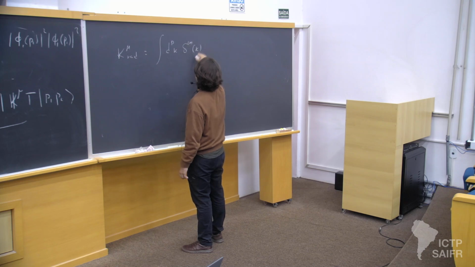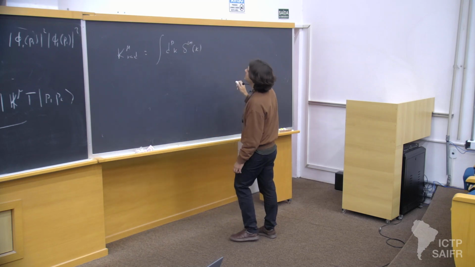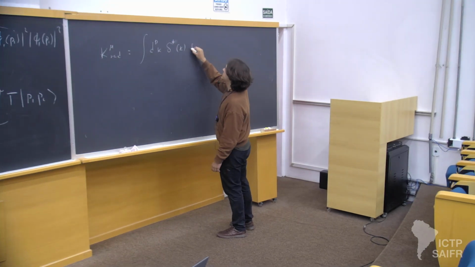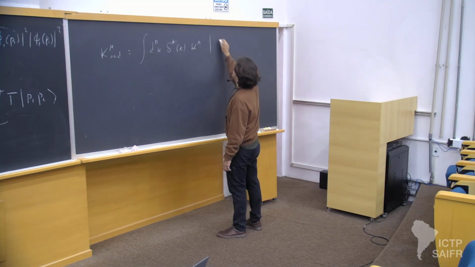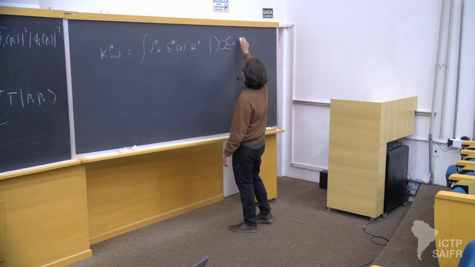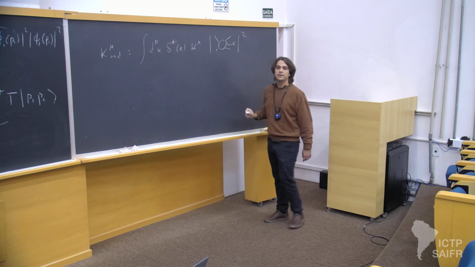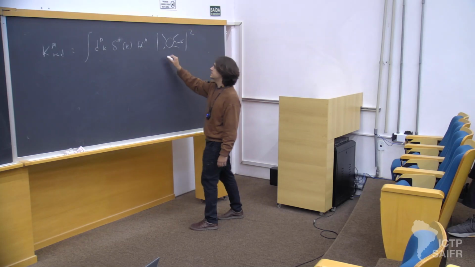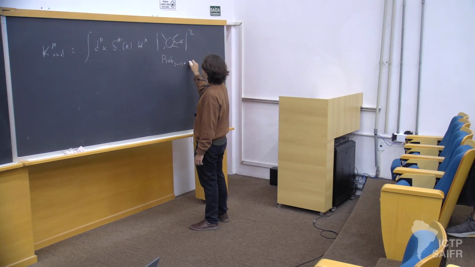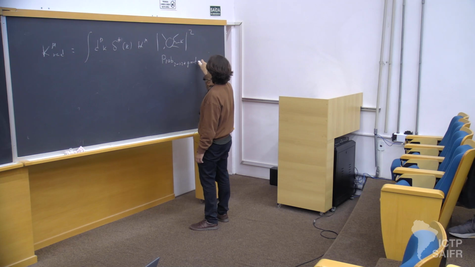So let's say I have a single graviton for simplicity. And then just the momentum of that thing times the probability of emitting, right? So this is the probability of 2 to 2 plus gravitational waves.